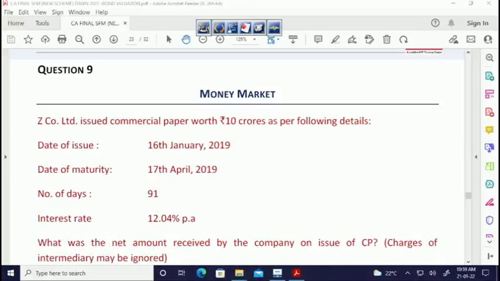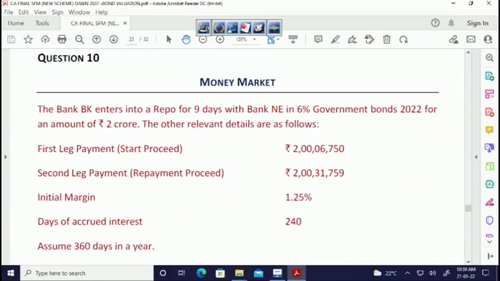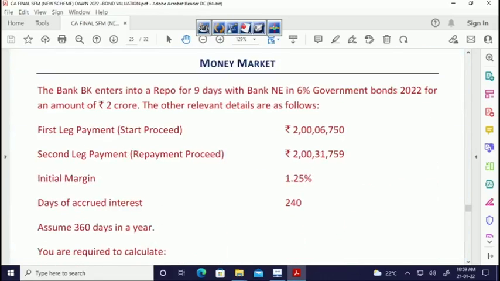So we are coming to the question. Bank BK enters into a repo for 9 days with Bank NE in 6% government bond 2022 for an amount of 2 crores. So 2 crore is the face value of the security sold. It's a 9 days repo, and 6% is the coupon. The other details are first leg 2 crore 6,750.